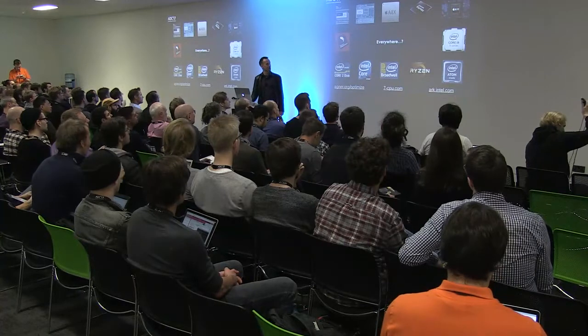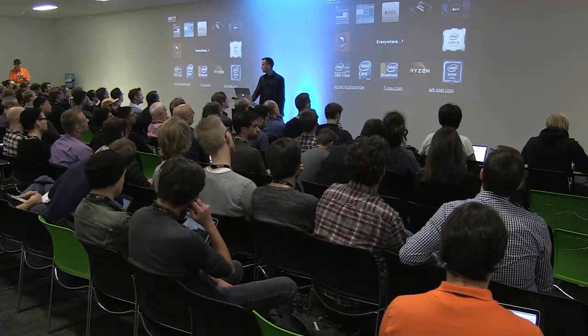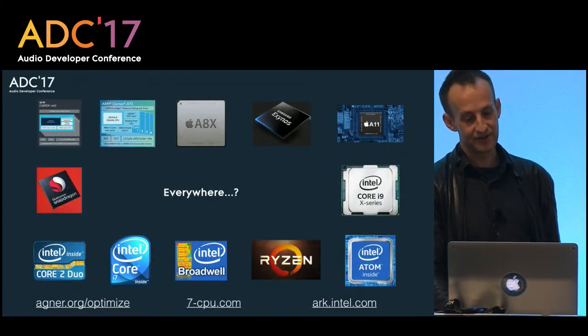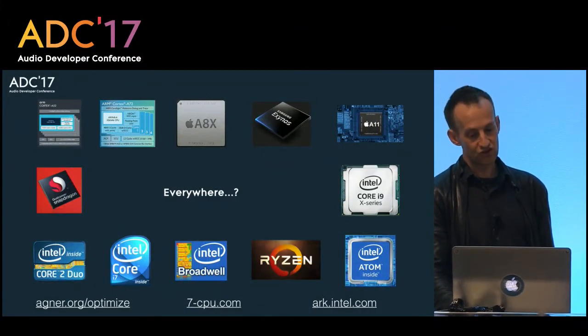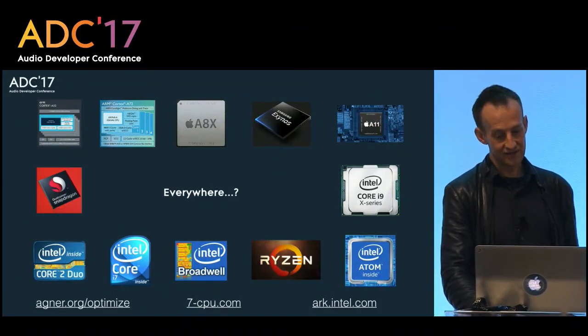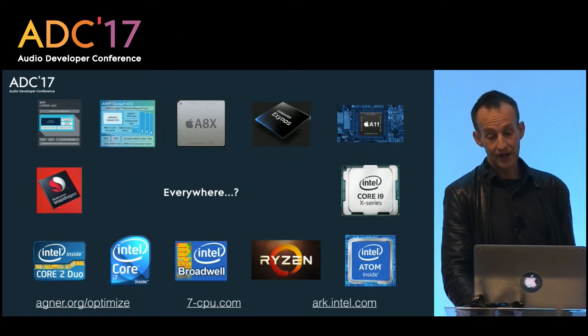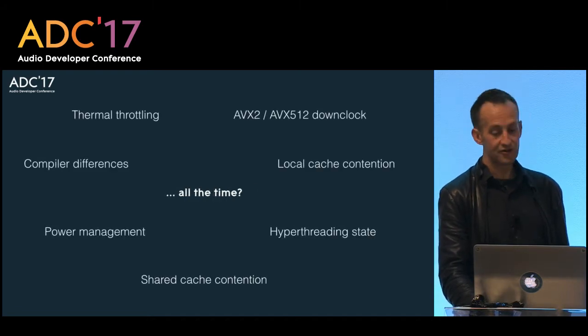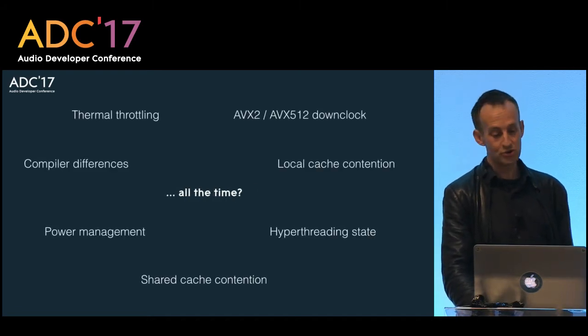These are some of the popular architectures, and even those using the same instruction sets will actually have radically different characteristics when it comes to what's most optimized for a given platform. Even on one particular platform, there are a whole lot of variables that can affect how your code performs at runtime, from thermals and power to the state of the cache.